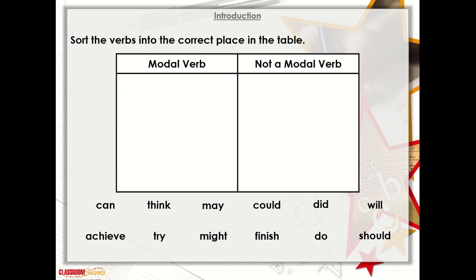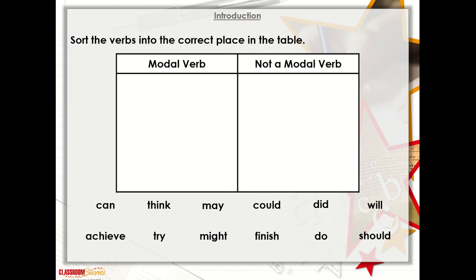Okay, so modal verbs. Modal verbs indicate to you how urgent something is. They will tell you what the possibility of something is, whether it's a maybe or a definitely is. And you can see a series of words here underneath this table, and I wonder if you can sort them out into those which are modal verbs.